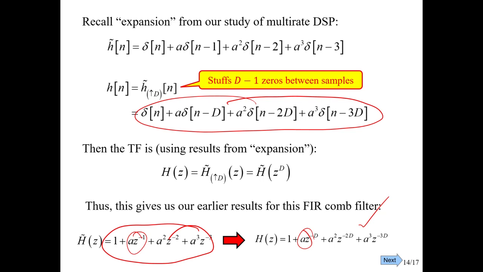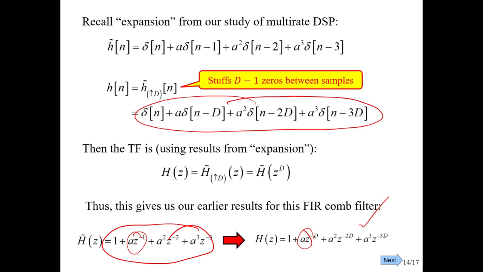Now, granted, it might not look like a comb filter. The ones we've looked at, the FIR filter and the IIR comb filter, were the traditional classic comb filters because they looked like combs in the frequency response. Now we're going to abstract that idea.